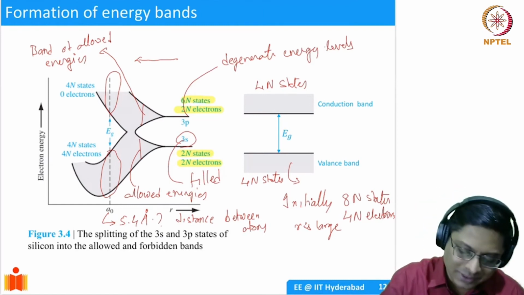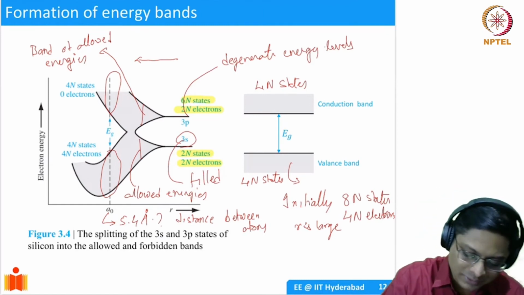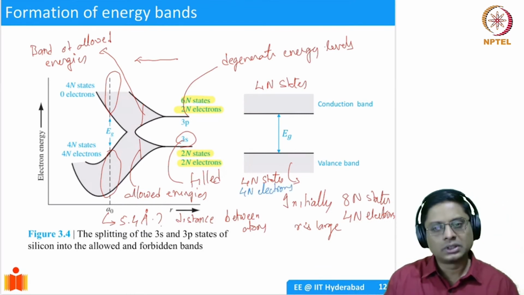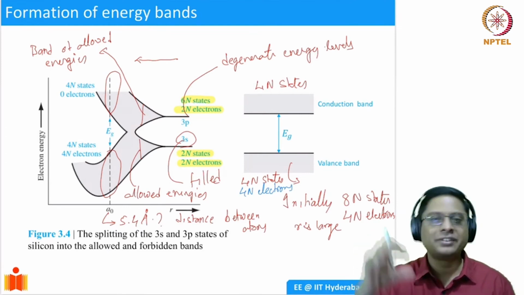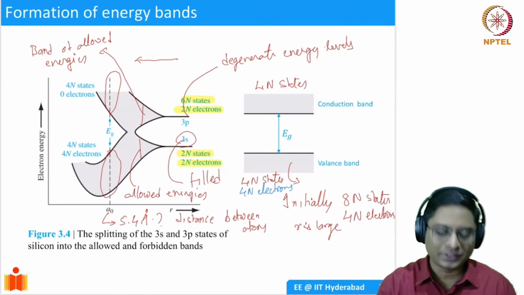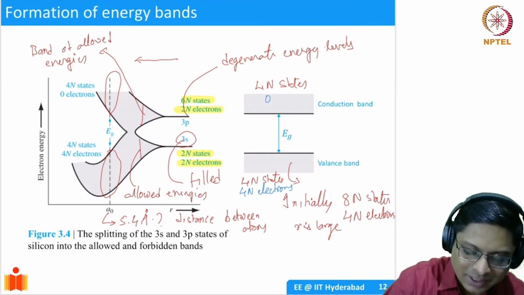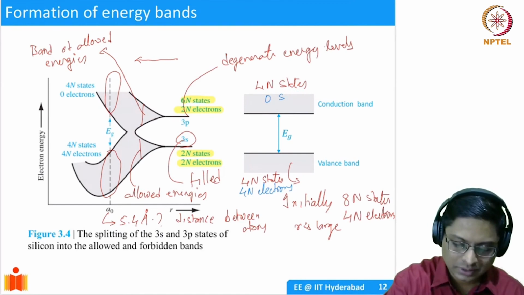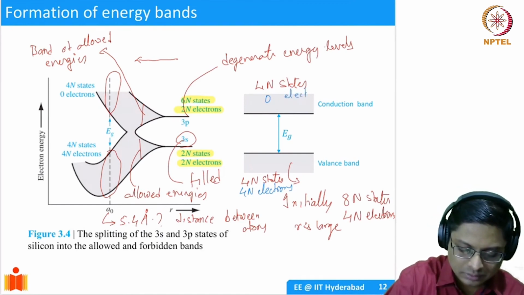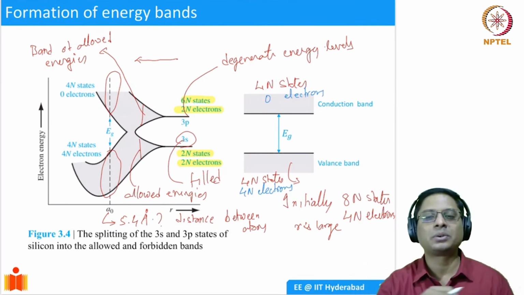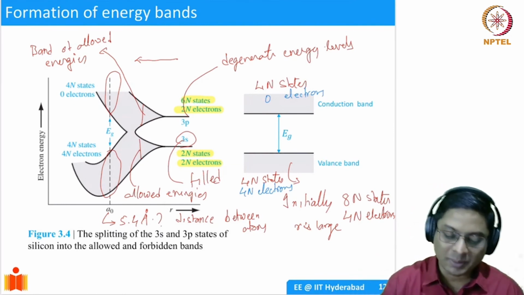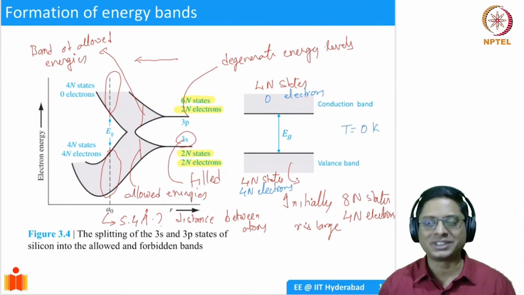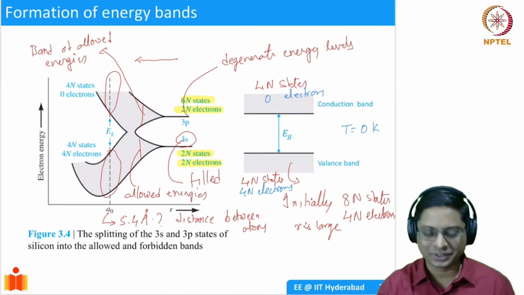So all of them go into the lower band; the 4n electrons are here. So the valence band is completely filled up, whereas the conduction band has 0 electrons. Sorry, not states, I'm sorry, 0 electrons. You have 4n states available, but no electrons in that. Of course, just remember, this is at T equal to 0 Kelvin. I'll talk about what happens when the temperature changes tomorrow or in the next lecture.